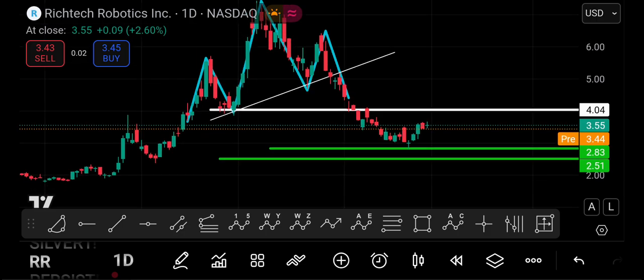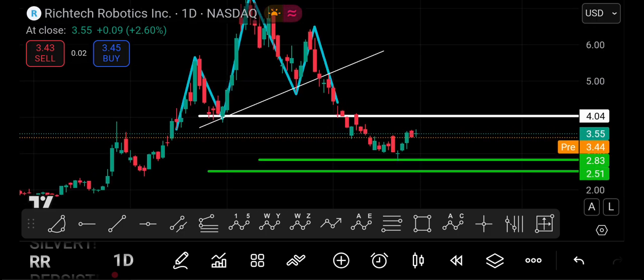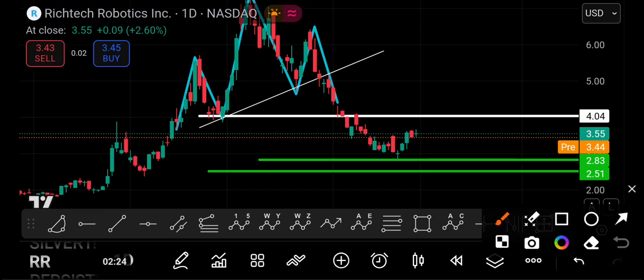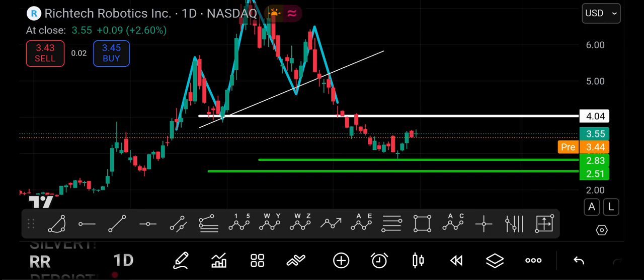If you go to the lower time frame, because the stock has already completed the first target, sometimes the stock gives a reversal from this side, or sometimes from the second target. The first target is already done, and the stock has given massive downside corrections.